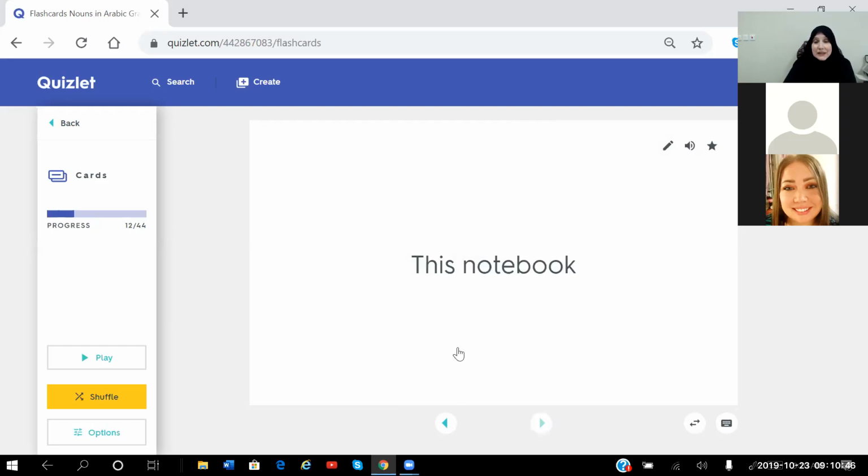Okay, Elise, how do we say this notebook? Hada ad-daftaru. Good. Hada, the masculine form, because daftar is masculine. We add the alif lam and have just one vowel marker. Okay, Clayton, how do we say this is a notebook?